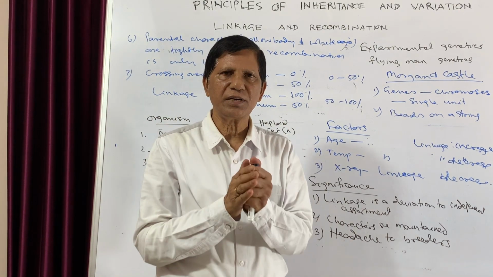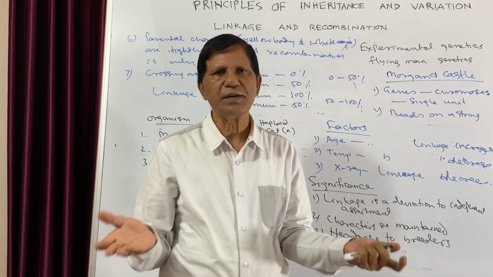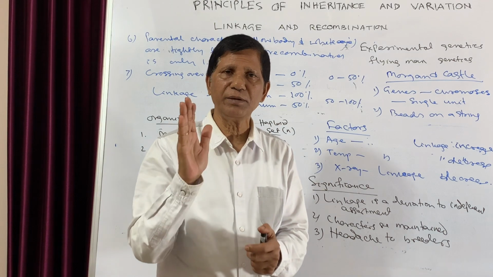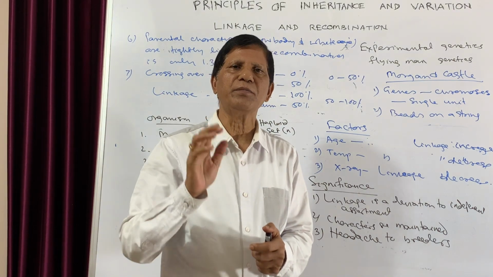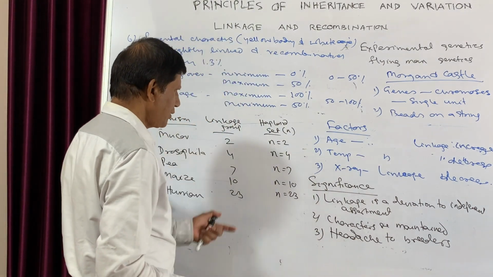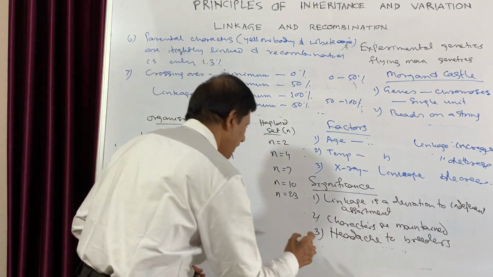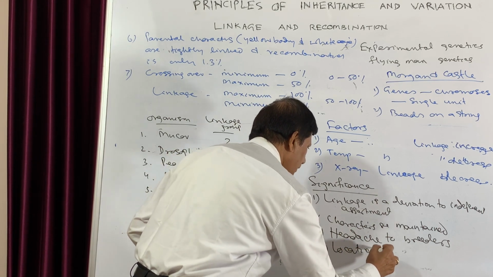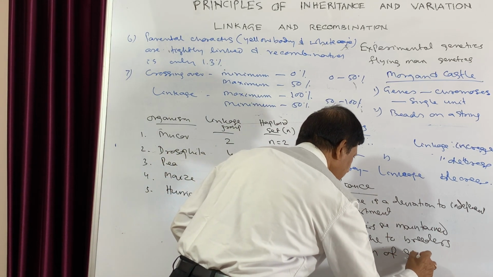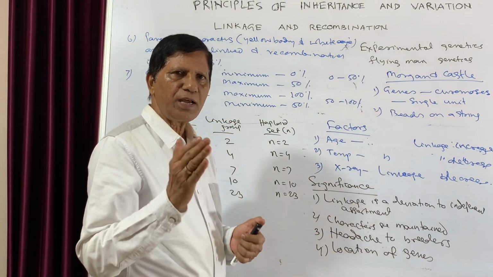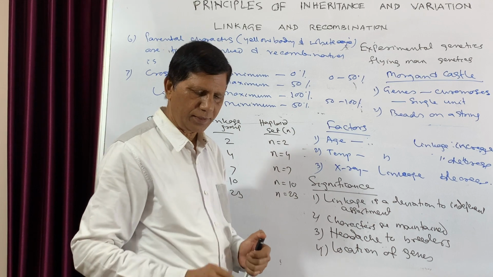But if they are closely linked, then they cannot be separated. That means hybridization cannot be made. This is the main headache, not only with plant breeders but also with animal breeders. That is one problem. So this is the significance, and another also is there. The location of genes can be determined. What is the exact position in which chromosome they are present, that can also be located.